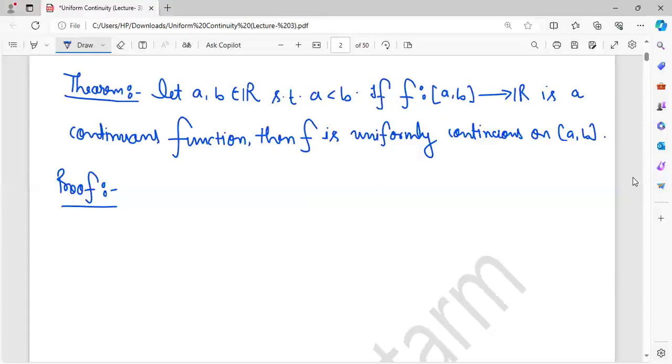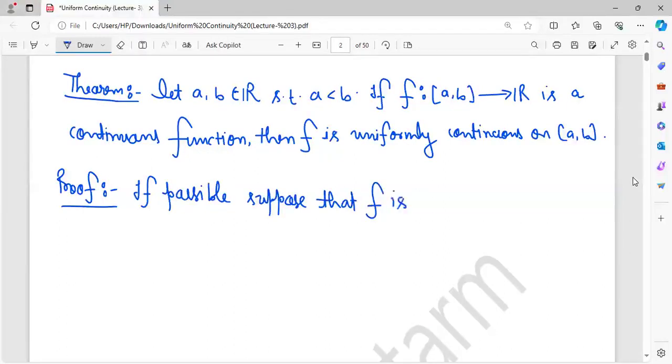So, if possible, suppose that f is not uniformly continuous on [a, b].